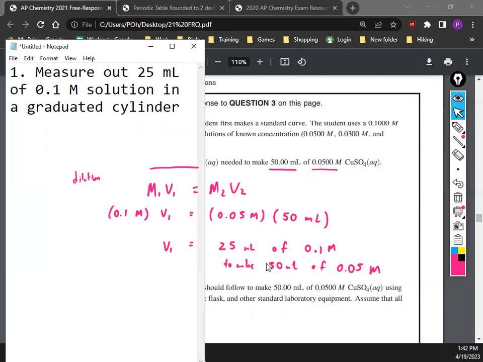So it's just the calculation that we did. Yes, exactly. And then you just want to say something like add the 0.1 molarity solution to a, how much are we making? 50 mL volumetric flask.